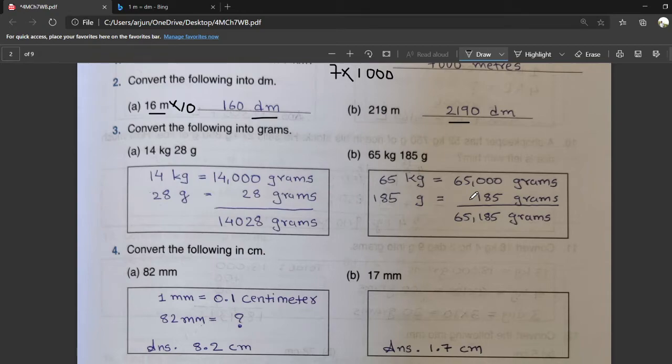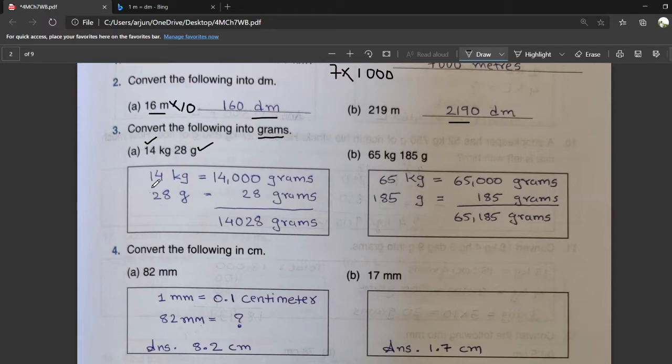Moving further in the question, convert the following into grams. Here the first question is 14 kg 28 grams. Now we have to convert all the units into gram. 28 gram is already in gram, so we have to only convert 14 kg. We know that 1 kg equals 1000 grams.